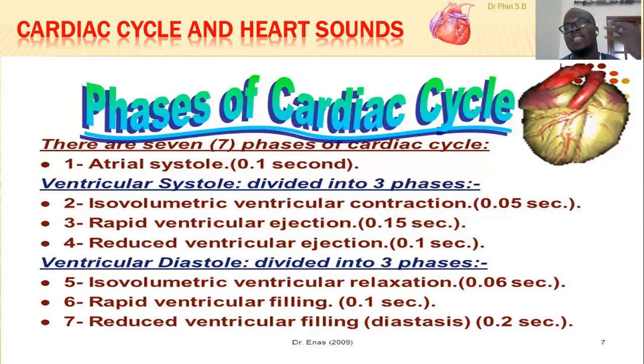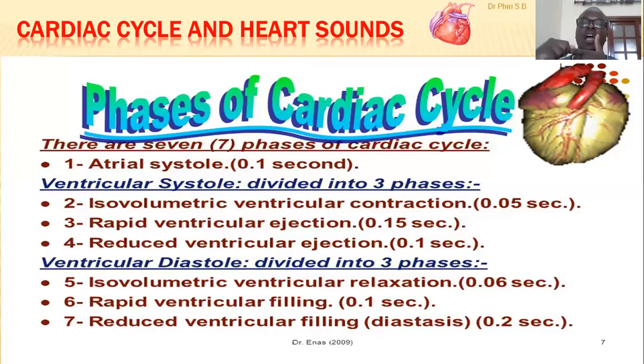So these are the 7 phases of the cardiac cycle. Phase 1, atrial systole. Phase 2, isovolumetric ventricular contraction. Then phase 3, rapid ventricular ejection. Phase 4, which is called reduced ventricular ejection.